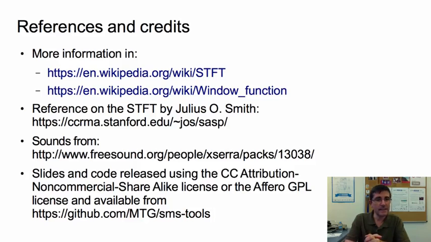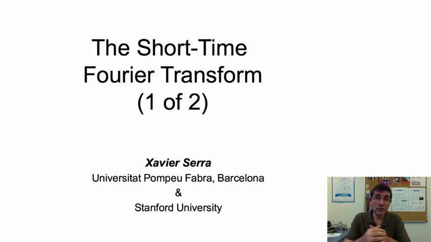And the rest are the standard credits and references. So this is all for the first part of the lecture on the short time Fourier transform. We have explained the basic equation of the short time Fourier transform, and we have focused on the analysis window. In the second part, we will continue with this topic.